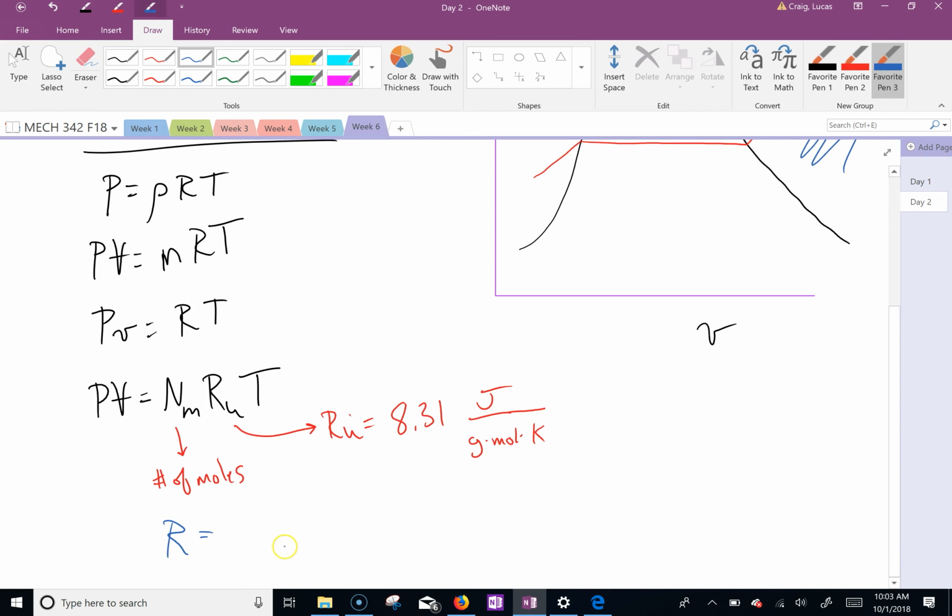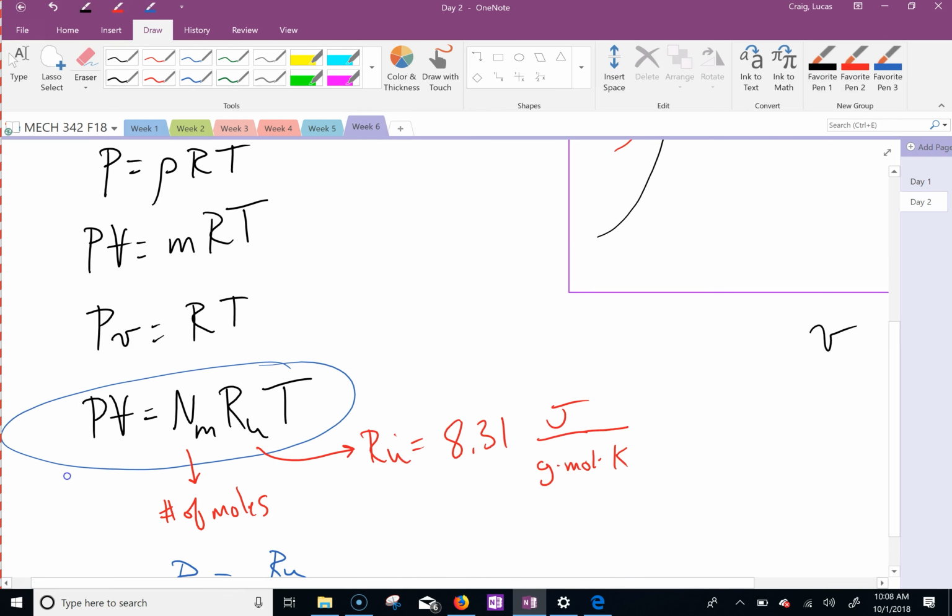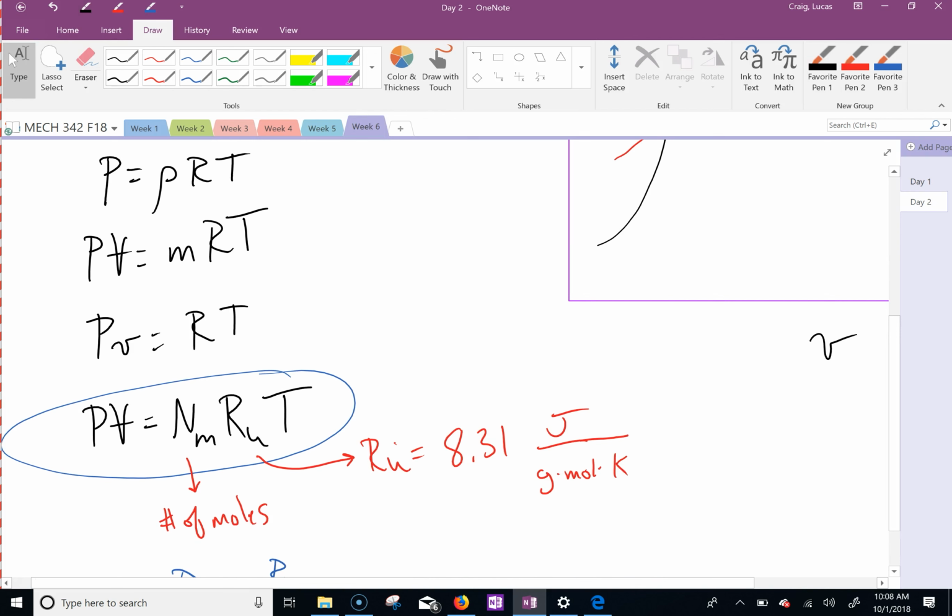I'll write all these down and we'll go through. So let's go right from the top. P equals rho RT, so rho is your density. Then we have PV equals mRT.